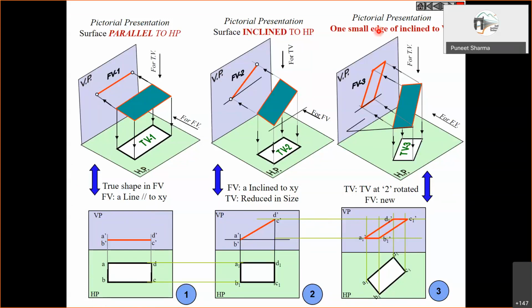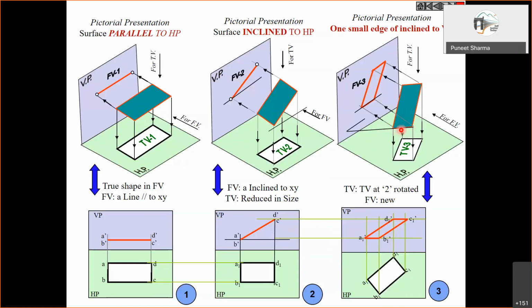If you see this third diagram here, we have a plane figure, a rectangle for this case. It is inclined to the horizontal plane, and one of its shorter edges, this one, is parallel to the horizontal plane and is making a certain inclination with the vertical plane.